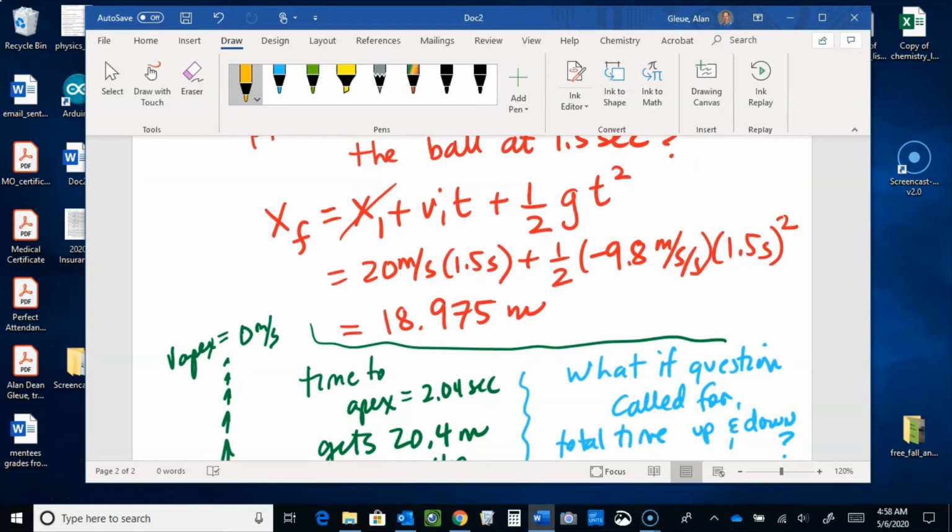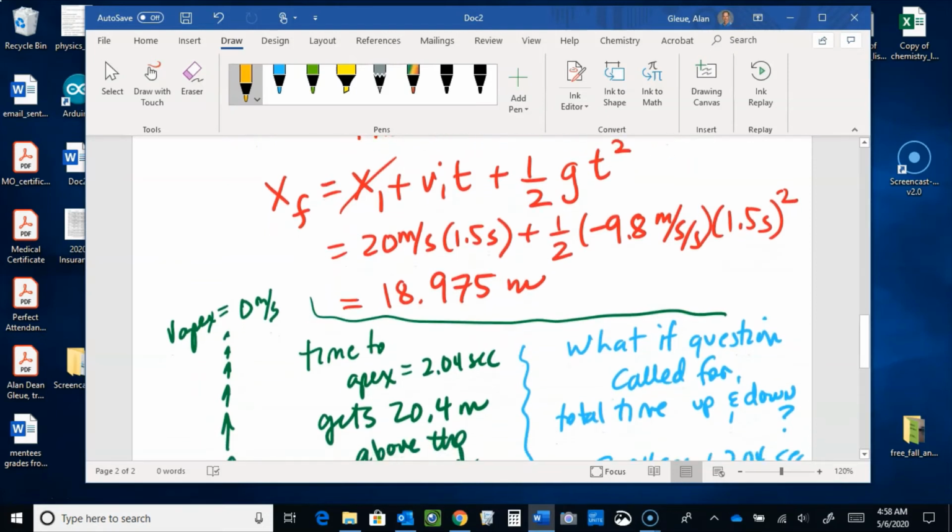We started at the surface, which we call our reference point, so we have vi t, my initial velocity of the ball was 20 meters per second, times my time of 1.5 seconds, plus 1/2 times negative 9.8 meters per second squared times the square of time. We end up getting about 18.975 meters.